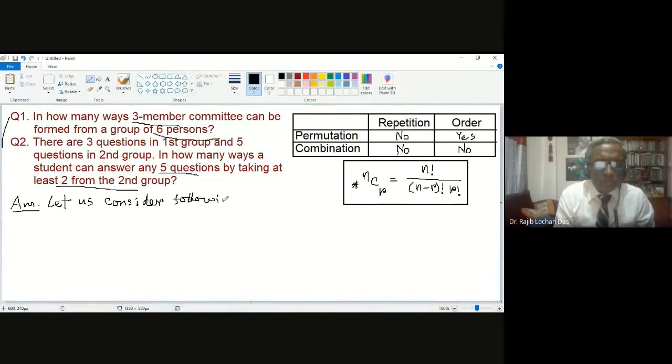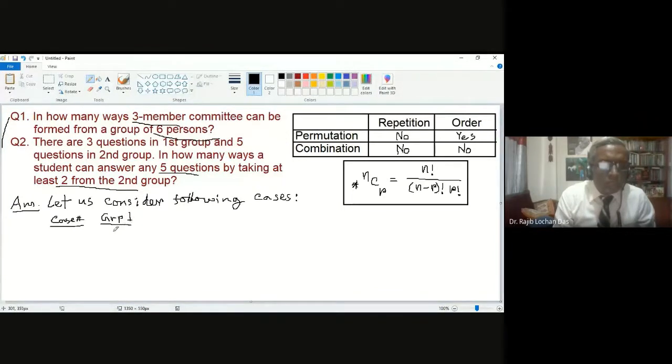So different cases may be possible. What are the different cases here? Say one person is taking one question from group number one.